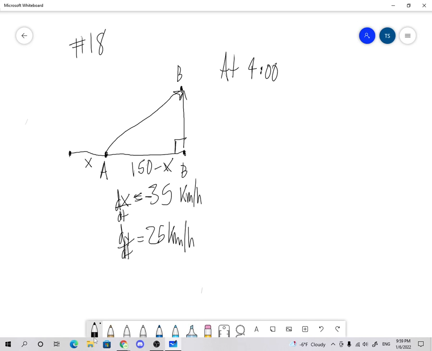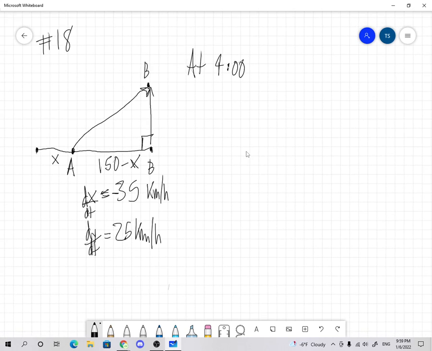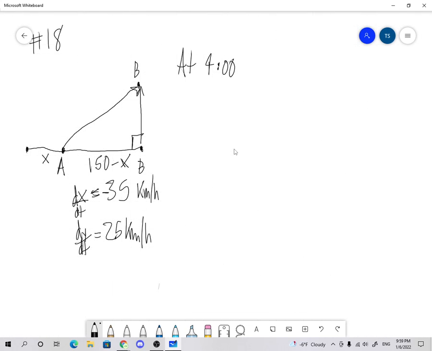Alright, perfect. So now that I have a model and some basics written down, I'm going to write out a simple x squared plus y squared equals c squared. If you've worked enough with this equation, you'll know just how to find the derivative super quickly.